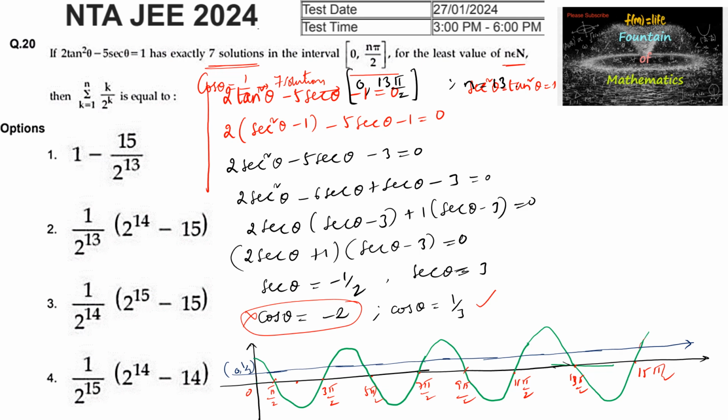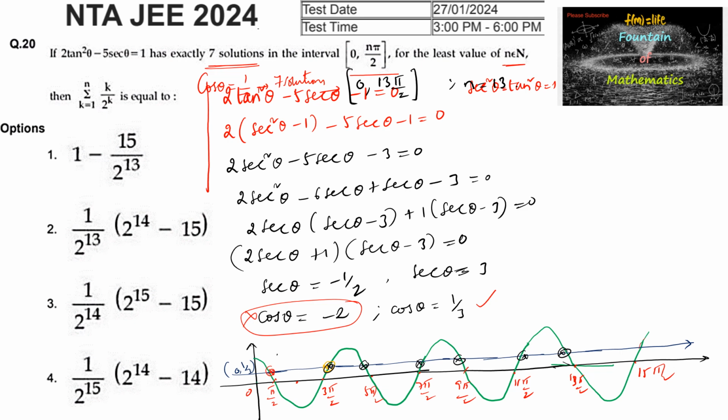And we can observe that cos theta is equal to 1 by 3 will cut the graph at the first point, the second point, 3, 4, 5, 6, 7, and it is given that it has exactly 7 solutions.